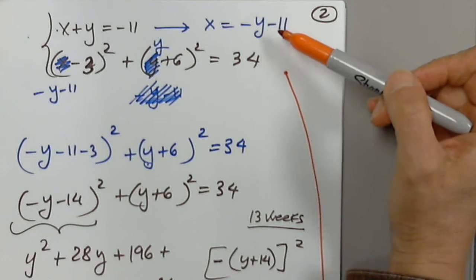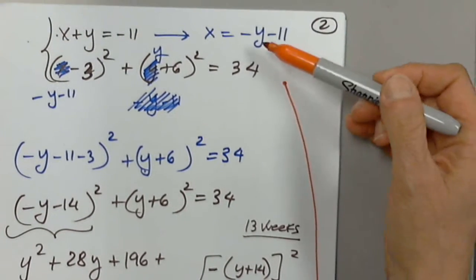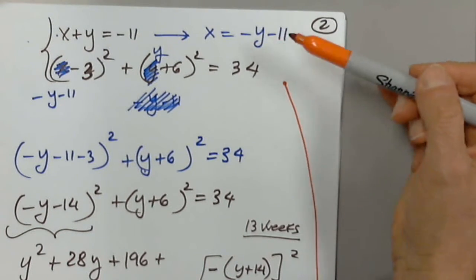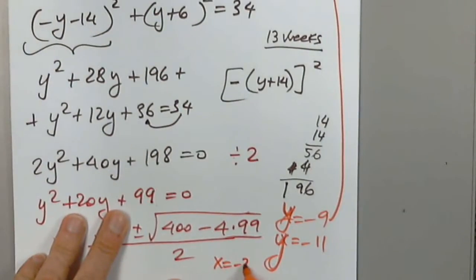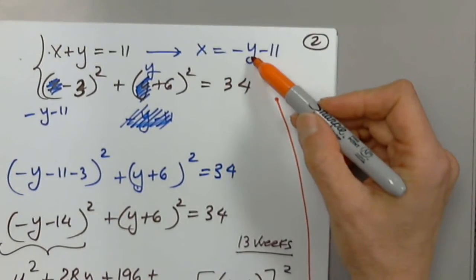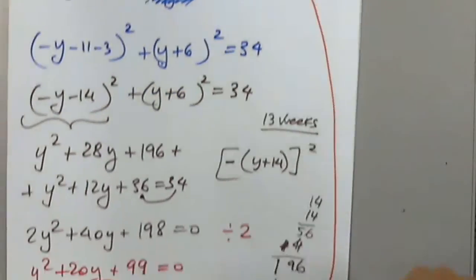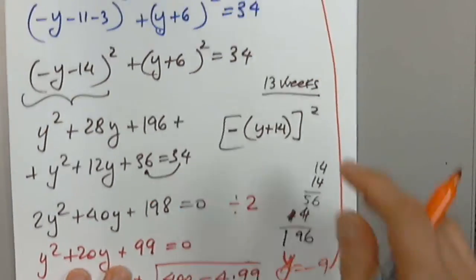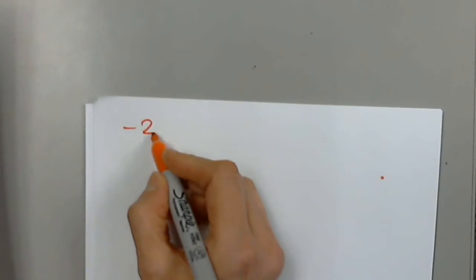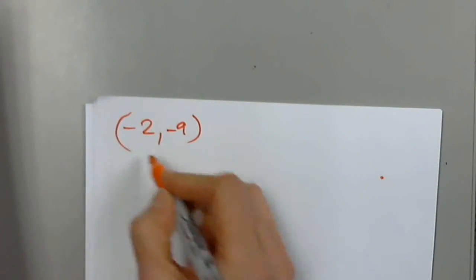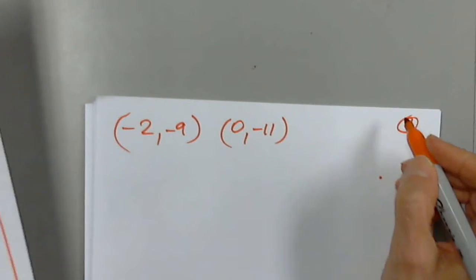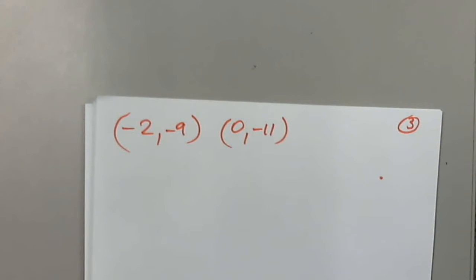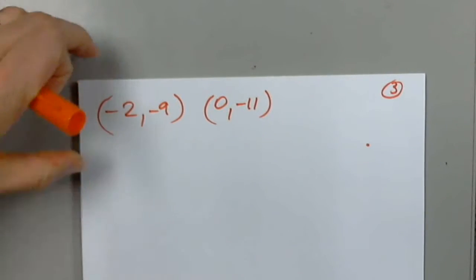So -9 minus -9 with minus in front is 9. 9 minus 11, x is -2. And with -11 plus minus 11 is 0. So the two options are -2 comma -9 and 0 comma -11. Is this okay? Good.